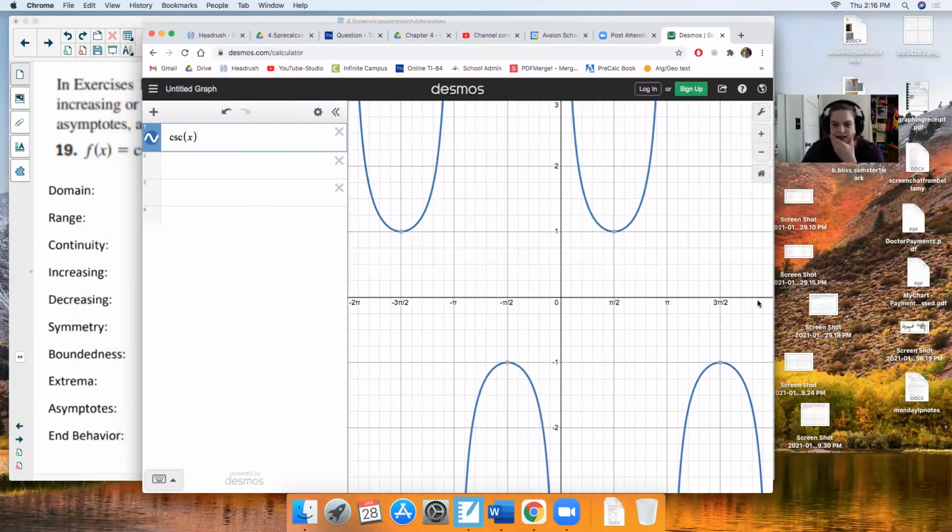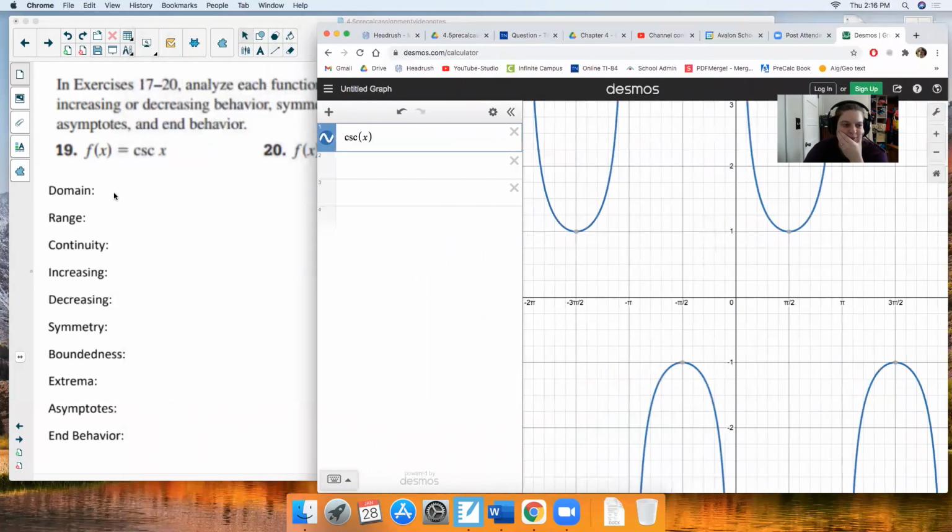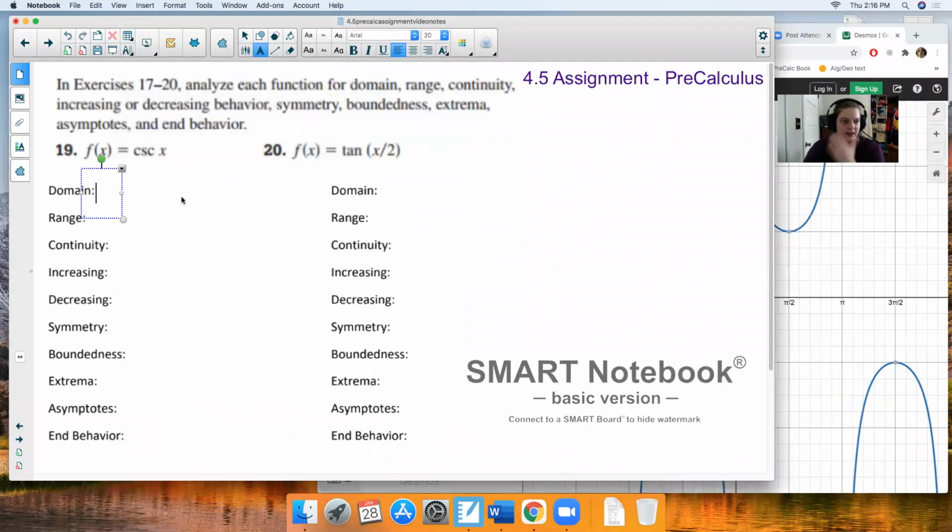So your domain are your x's, and it looks like it's going to exist between 0 and pi, and then every pi after that. So our domain, and people will write it differently, but basically it's between 0 and x and pi, which I'm just going to type because apparently I don't have that symbol right here.